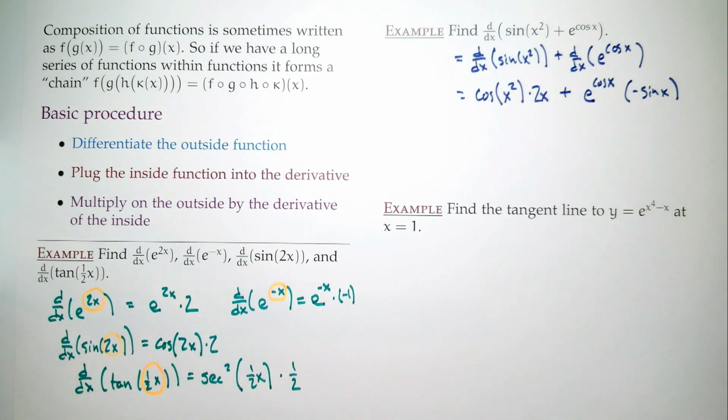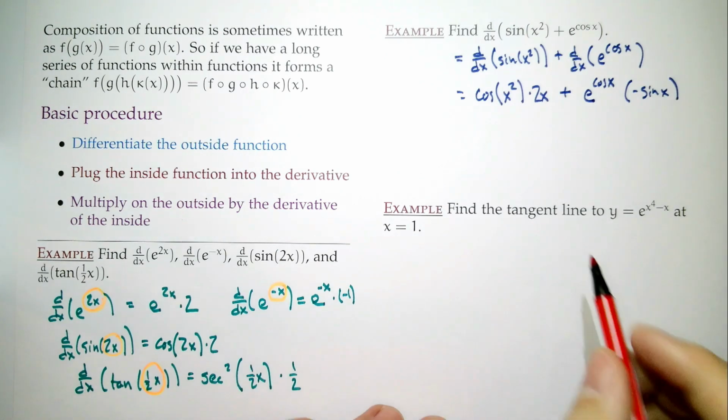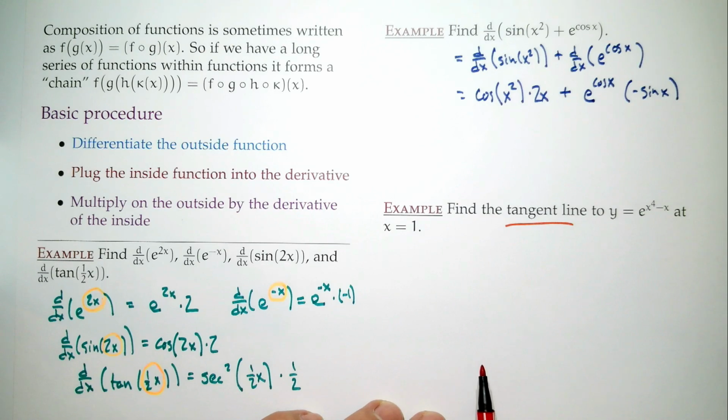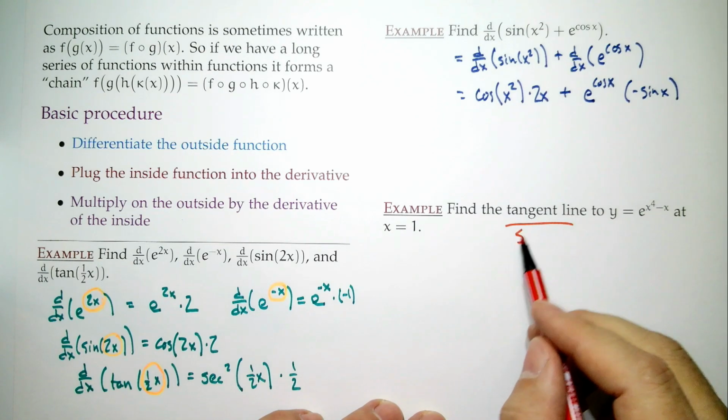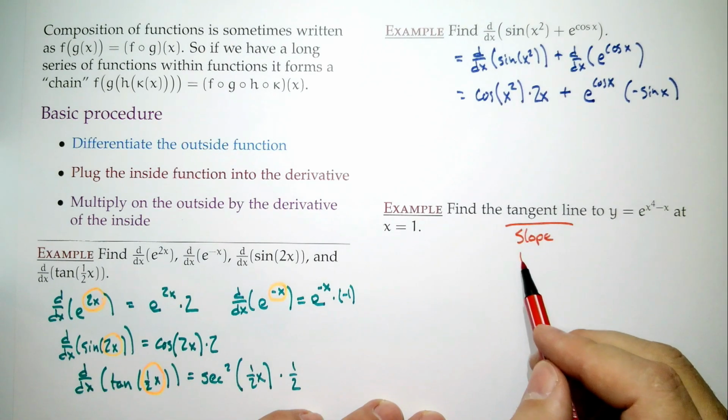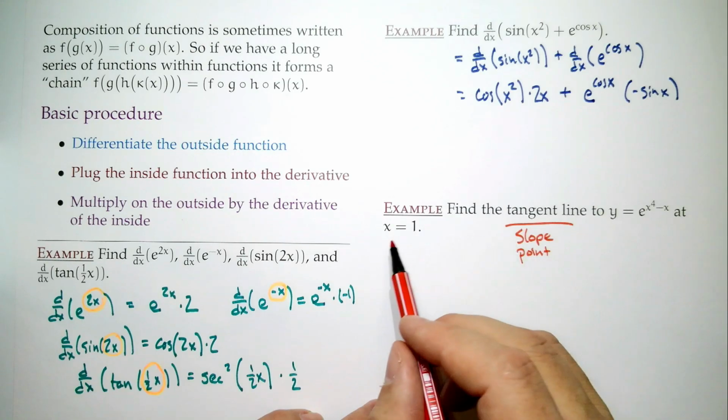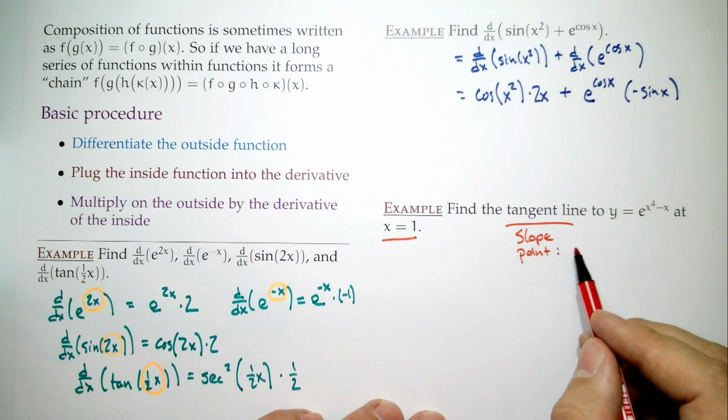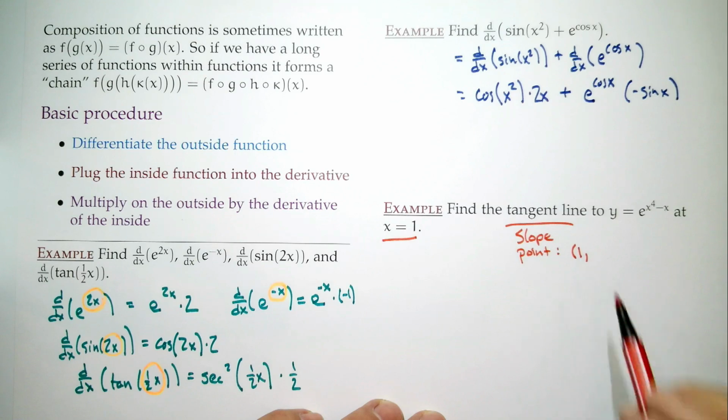Okay, well now let's try a problem. Find the tangent line to y equals e to the power x to the fourth minus x at x equals 1. So if I'm after a line, what do I need? I need a slope and a point, a y value. Now, we already have the x value, so maybe we can finish off our point.